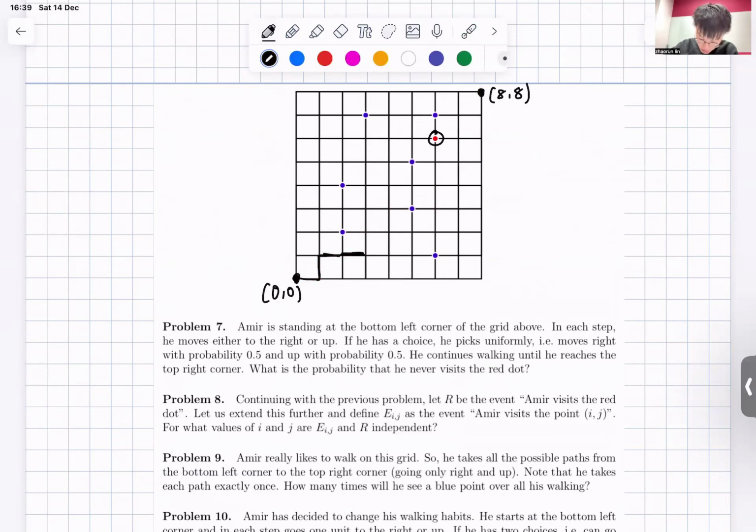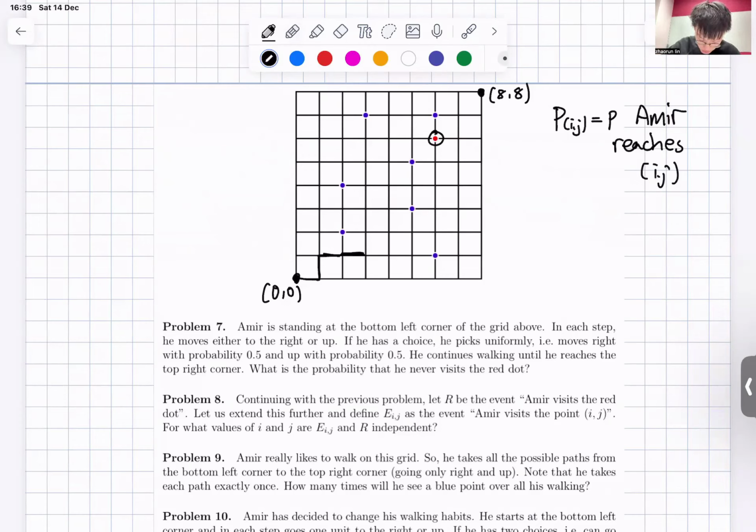We can define Pij to be the probability that Amir reaches (i, j).